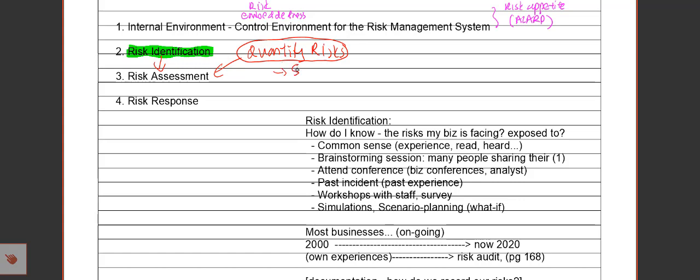So we look at whether you have a static environment versus a dynamic environment. And two is, how do we do assessment when risks are objectively or subjectively assessed. And here is where we will learn something called a heat map, which is a way of how our risk is being recorded.